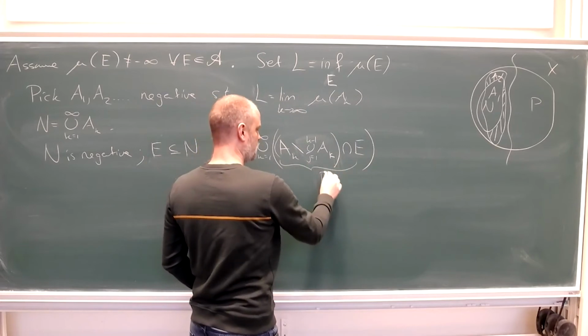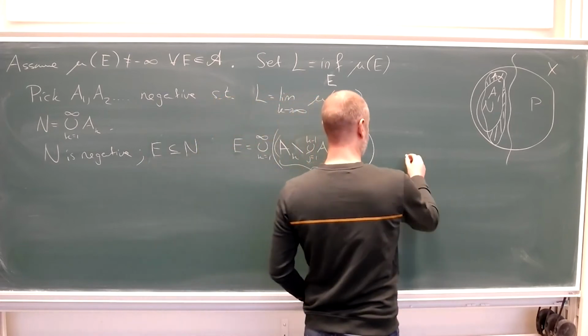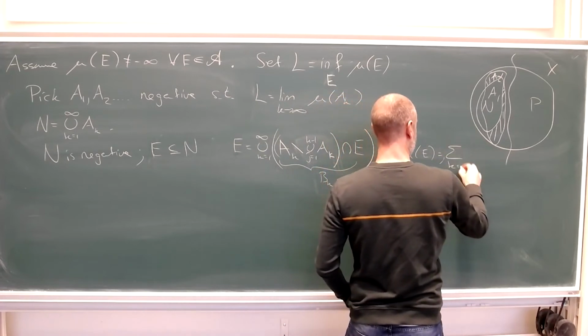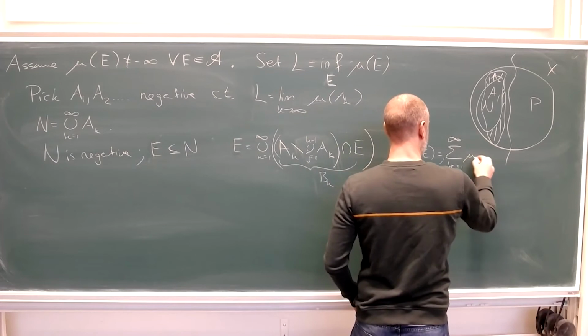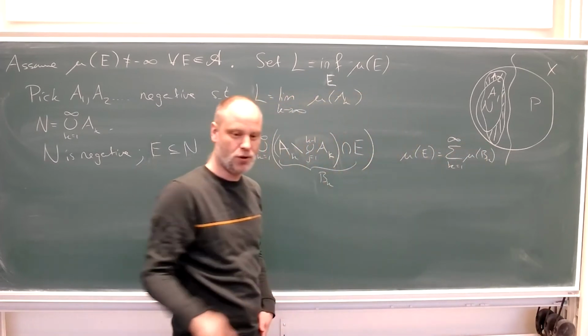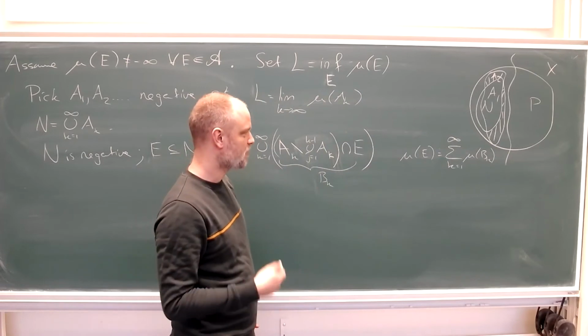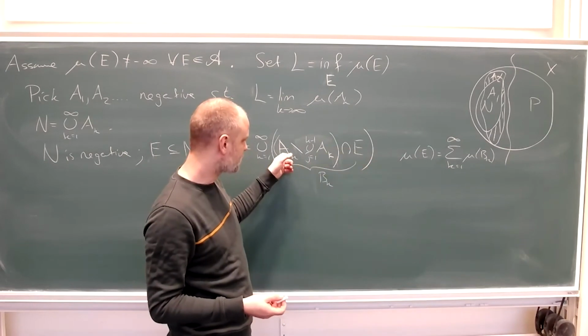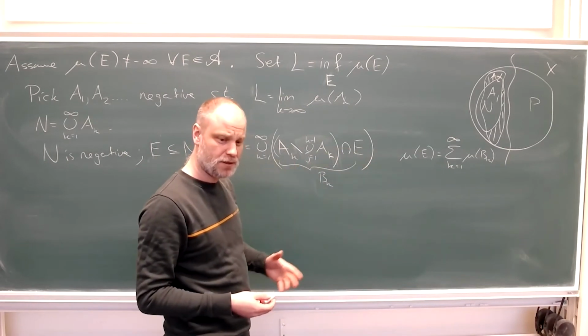Let's call these ones BK, then I have that mu of E is equal to the infinite sum. This is the only thing basically we know about measures, right? And now each BK is a subset of my AK.